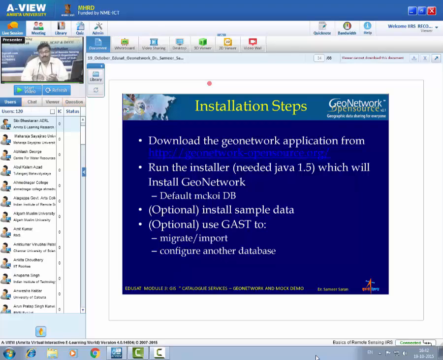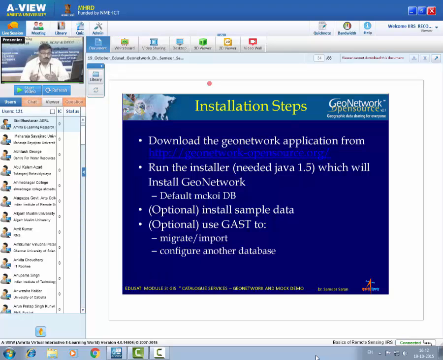One very important thing is that GeoNetwork has an inbuilt RDBMS called McKoi database. It is one of the RDBMS supported by GeoNetwork. If you don't want to use the McKoi database, and want to use PostgreSQL, Oracle or any other RDBMS, it provides a utility so that you can migrate from McKoi database to PostgreSQL.